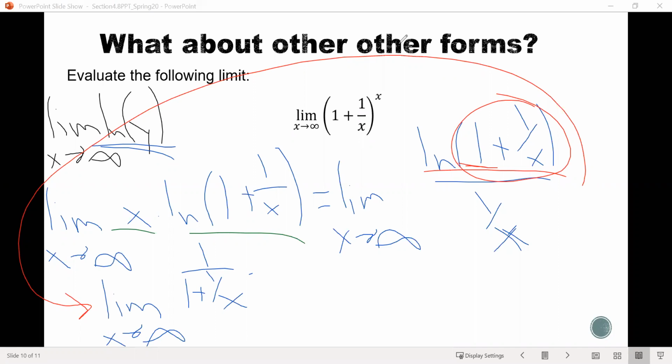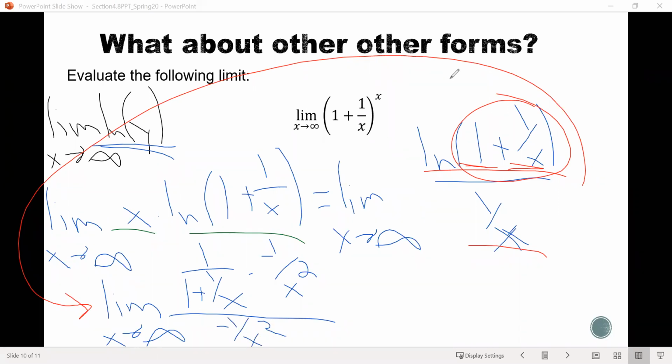We know the derivative of the constant is 0. Derivative of 1 over x, that's going to be negative 1 over x squared. We just saw that. Similarly, the bottom here, we have 1 over x, so take the derivative there. We'll end up with negative 1 over x squared.